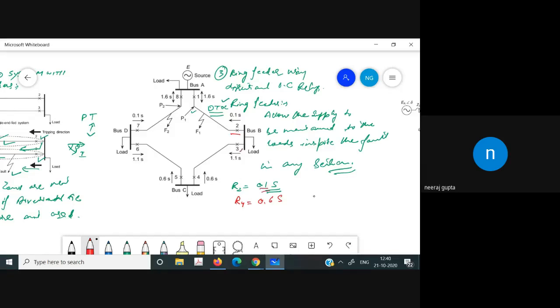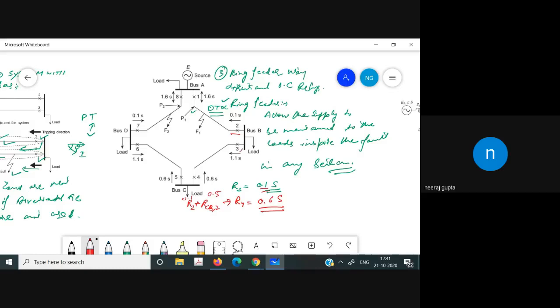R2 is 0.1 second, and then we have the circuit breaker. Let us suppose that the circuit breaker time for bus 2 is 0.5 seconds, as we assumed in the last lecture also. So it is 0.5 plus 0.1, and finally we get 0.6 second. So R4 in this case is 0.6 second, and let us suppose that the overshoot time, which is 10% of these two, we neglect it. So it is the simple case.